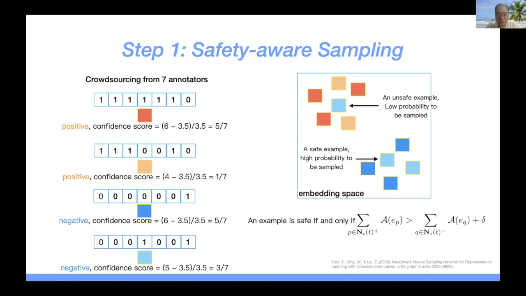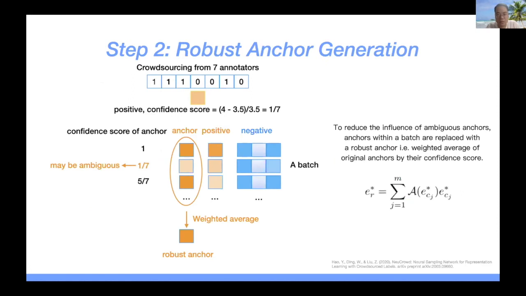Later, when we form groups, the safe examples will have a higher probability to be selected, but the unsafe examples will have a low probability to be selected in our training groups. Next, we want to get a robust anchor for each training group, because we are worried that there might be some ambiguous anchors in our training groups. That may harm the model, and we want to get rid of them.